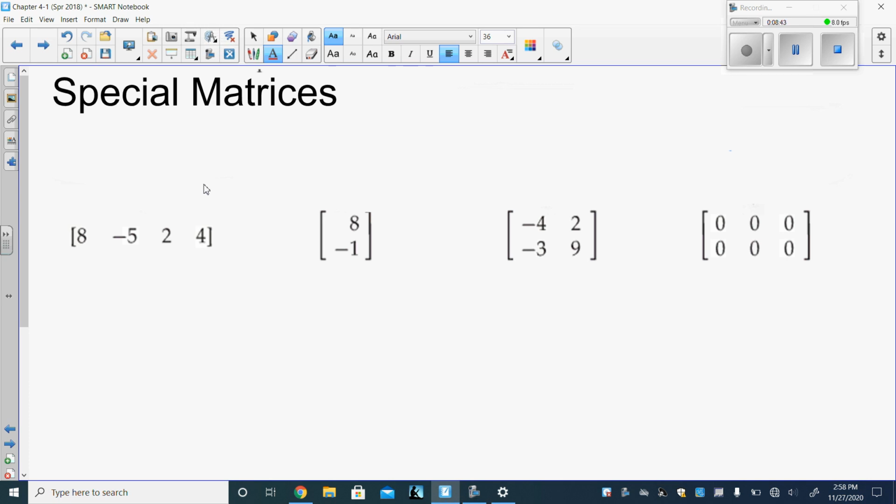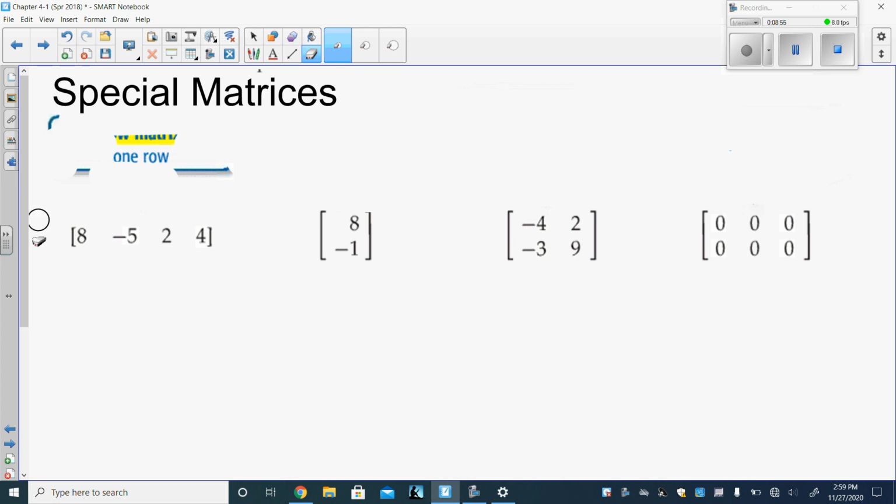Now, we do have some special matrices, and I mentioned one of these earlier. Now, let's look at these here, and we're going to kind of name them. This first one here, we're going to call it a row matrix. And the reason we call it a row matrix is because it has 1 row.